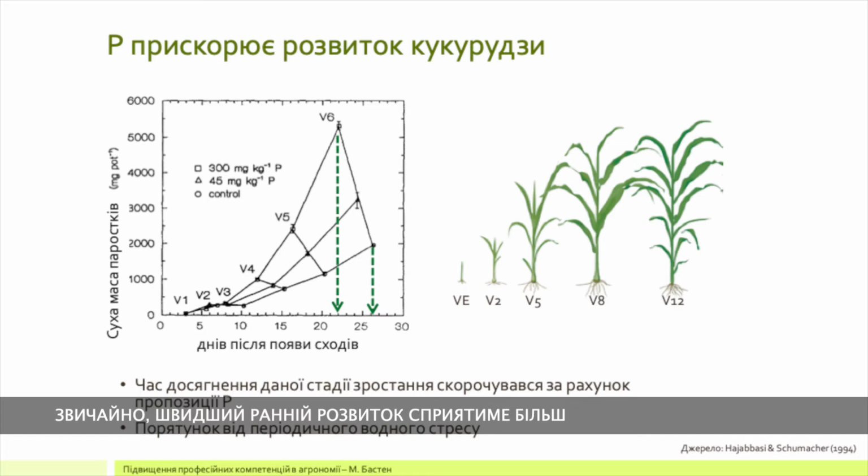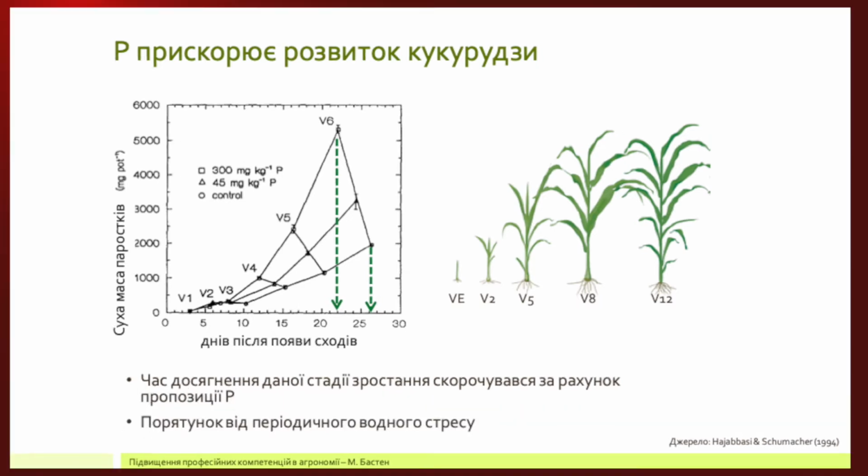Of course, a faster early development will contribute to an earlier row closure, so the crop covers the soil earlier, and the coverage of soil contributes to a reduction of evaporation. So the evaporation in the season depends very much on the area of shaded soil. In this case, it's a wheat crop, but it applies also for a maize crop.